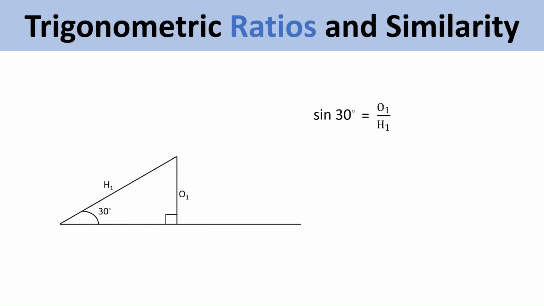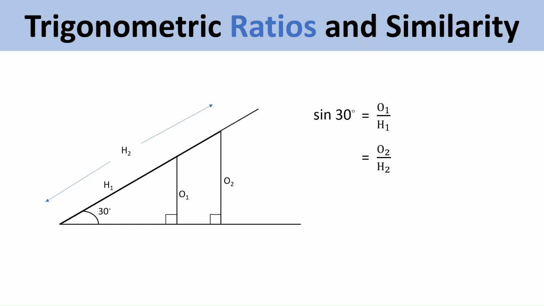Now, if I were to make the triangle bigger to something like this, then to find sine 30 degrees, I would need to find what is the opposite side O2 and the hypotenuse H2. And sine 30 degrees would be equal to O2 over H2.